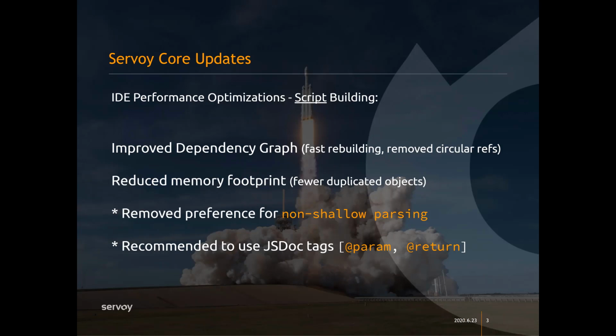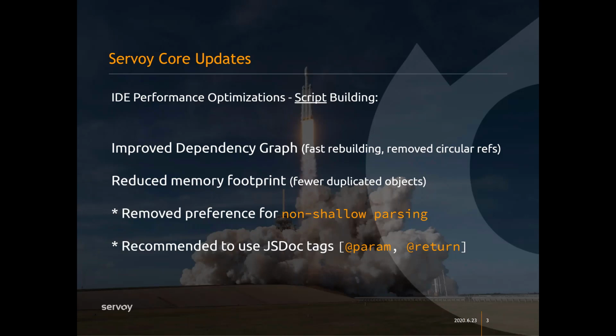We improved our dependency graph, which really means that we don't have to check so deeply in parsing your code. We now actually create a dependency graph, so we know that file A depends on file B, depends on file C, and if you change file C, then we know which ones need to be updated. So that means that we can rebuild faster. We also removed some circular references to also improve build times.